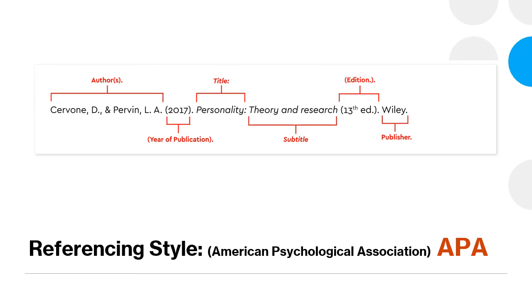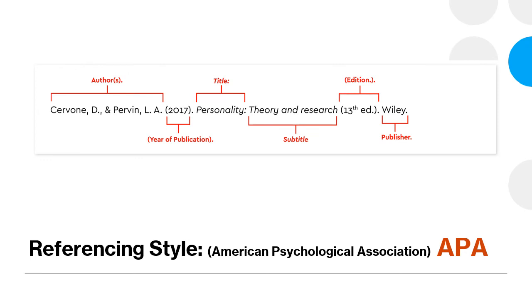So let's check it out. This is the first, APA style, or we call it American Psychological Association style, wherein when you write references in the research report, you will write first the author name. In brackets, you will write the year of publication. Then the title of the report, and if there is a subtitle, you will write that also.